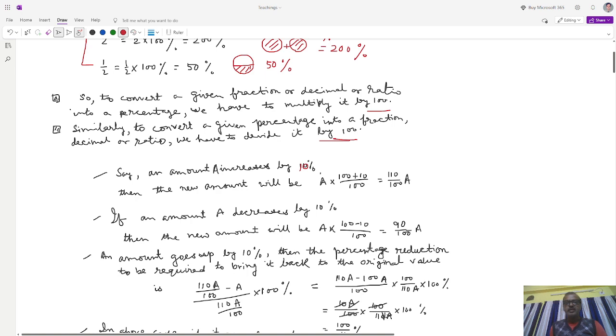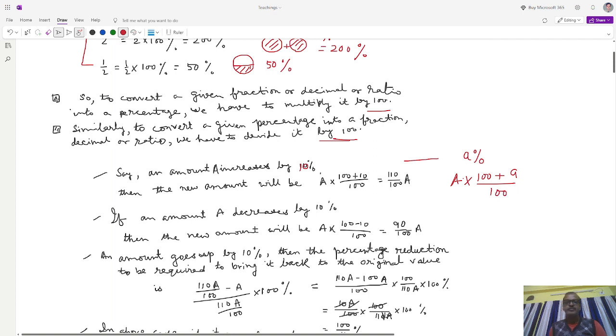If in general one thing increases by A%, then what will be the new value of this item? This will be A into 100 plus A divided by 100.